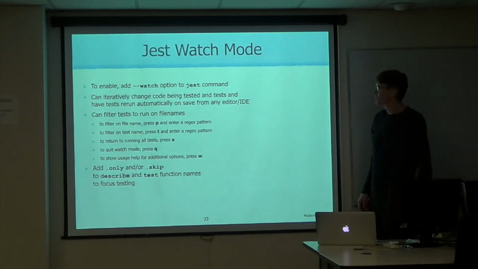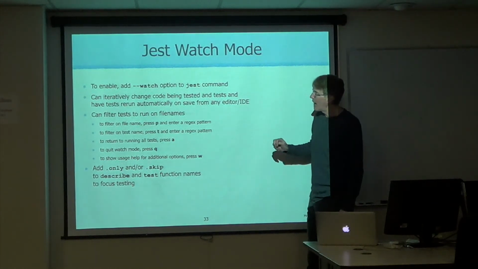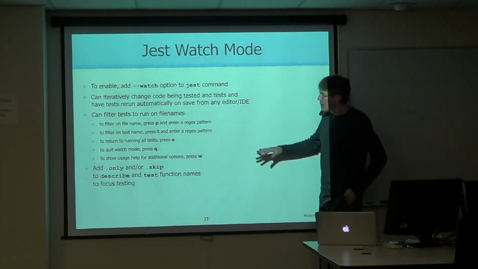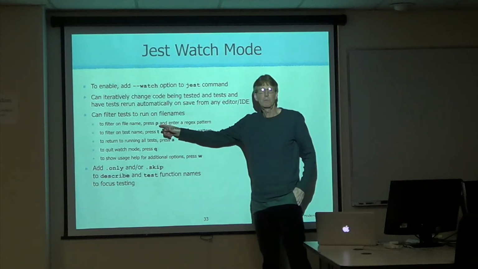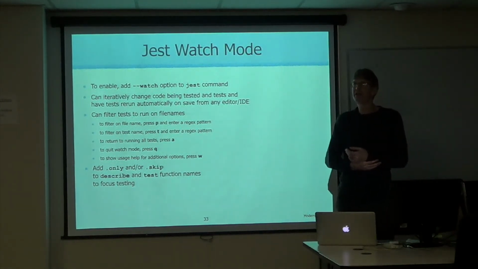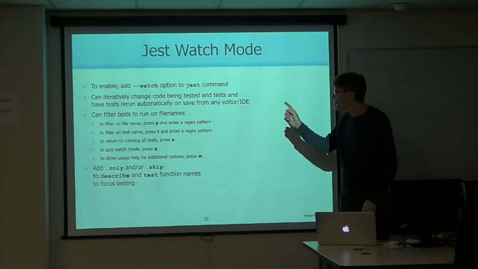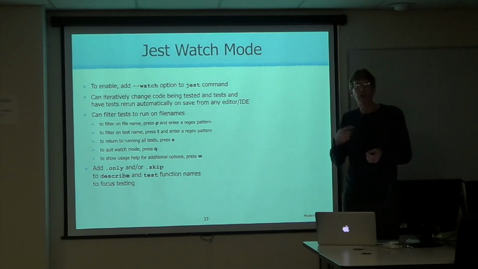The watch mode is a really important part of this. You just add --watch to the Jest command, and then you can iteratively work on fixing your test. When you do it this way, you have all of these options to work with, and a really common one I use is P. So maybe I have a really large application with, say, 30 test files, and there's this one that's failing, and every time it reruns my test, I don't want to rerun all of them, and so I'll say P, and then I type in a regular expression that matches the test that I'm trying to focus on, and then it will only run that one.